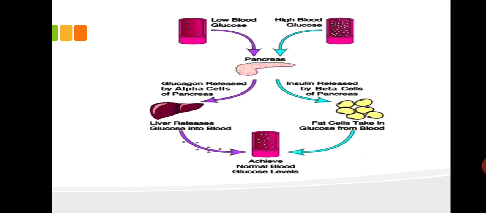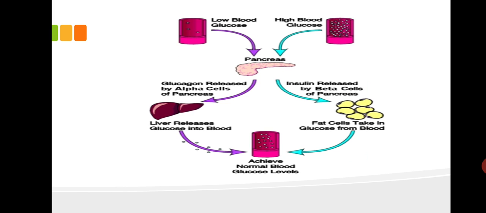Now the mechanism of insulin action in our body. At the time of low blood glucose in our body, the pancreas releases glucagon by alpha cells of the pancreas.